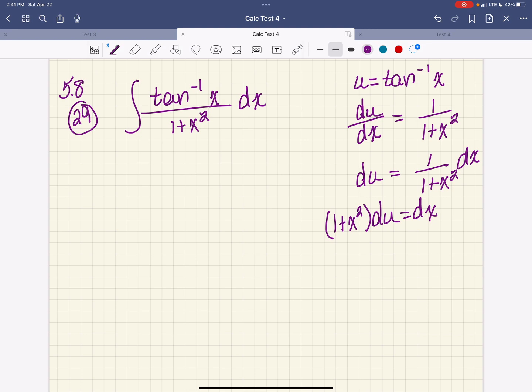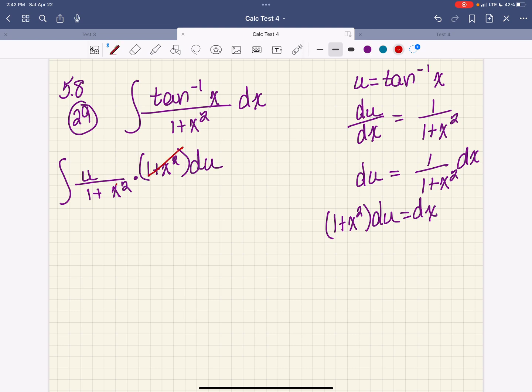Okay, so do my rewrite. I'm going to go ahead and do my u substitution. So I have u over 1 plus x squared, so that u I've substituted for the inverse tangent, and then that's times 1 plus x squared du.